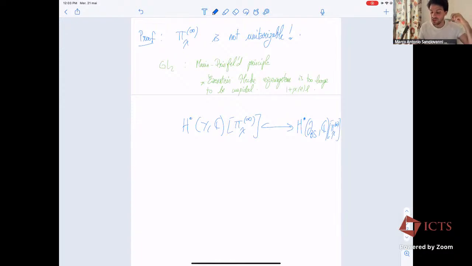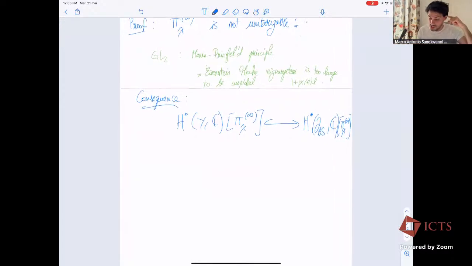So the consequence is that this map is injective. This is the restriction to the boundary. It's just pullback.